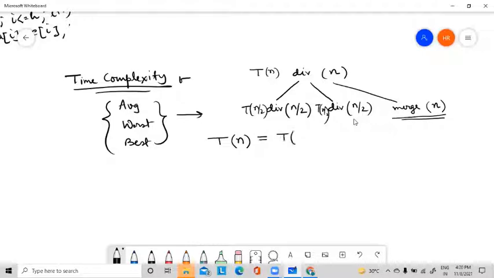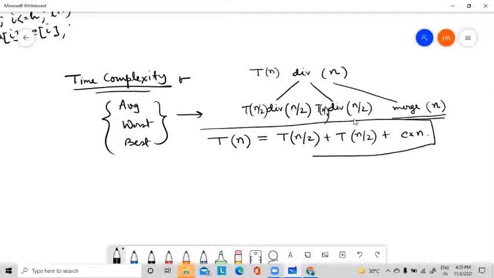So the time complexity is T of n equals 2T of n by 2 plus c into n. For one comparison, if c time is required, then for n comparisons we require c of n. So finally the recurrence relation is the same as the quick sort best case time complexity.